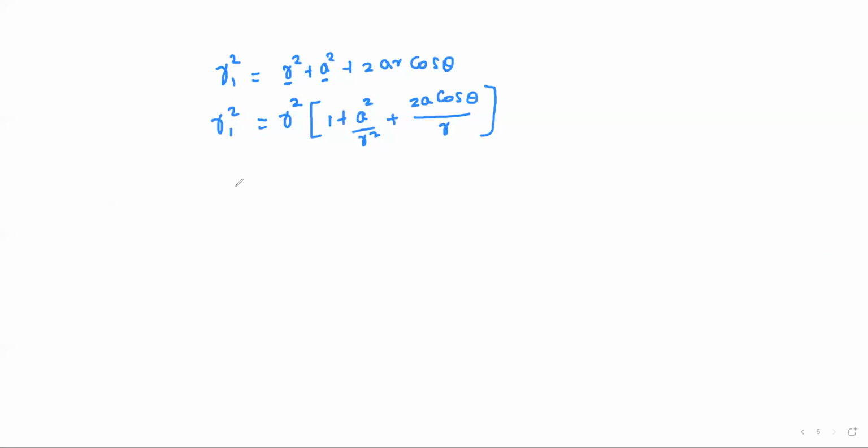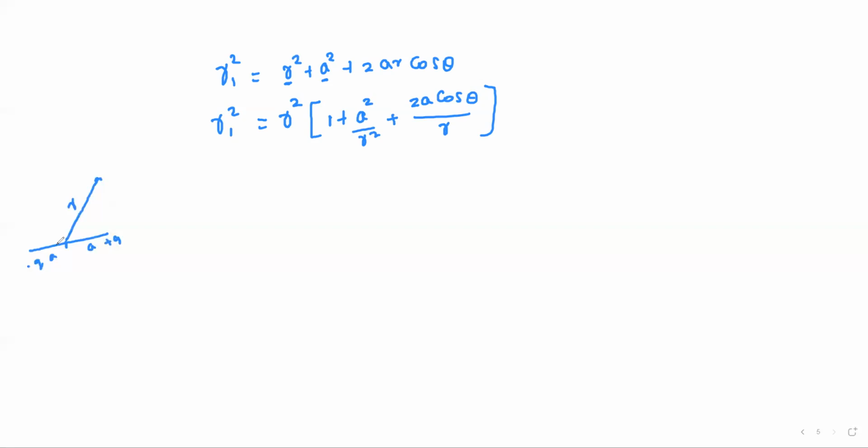Now, when you compare the values, A is the distance between the dipole charges, and R is the distance of the point from the dipole. I already told you that we draw this dipole in a large manner for our understanding, for a better view.